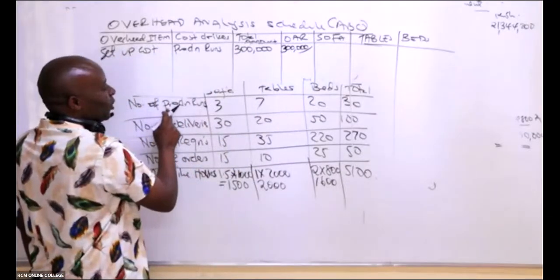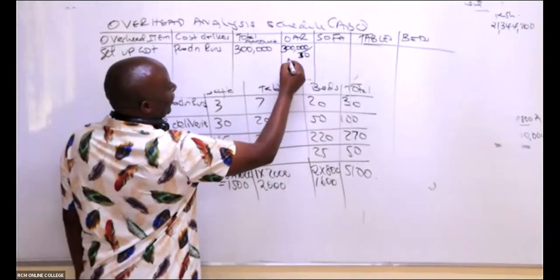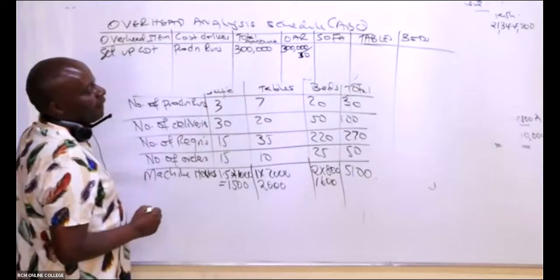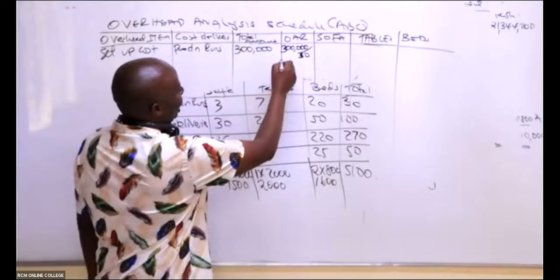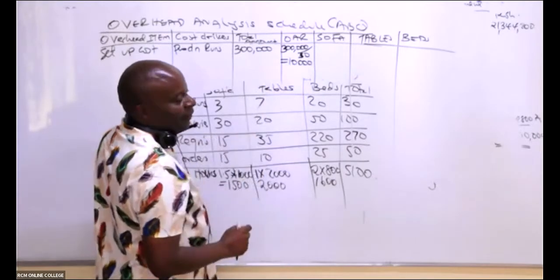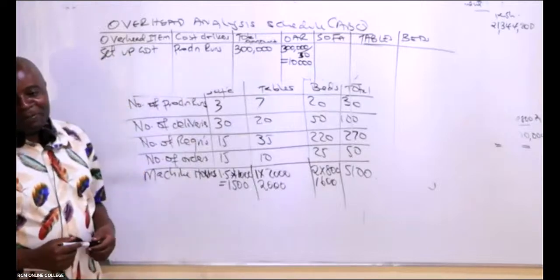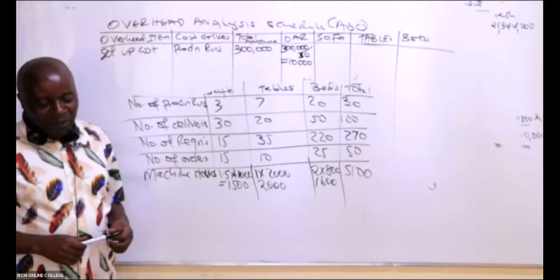Total production runs are 30, so we divide by 30. That gives 10,000. So I'm being given a figure of 10,000 per run.